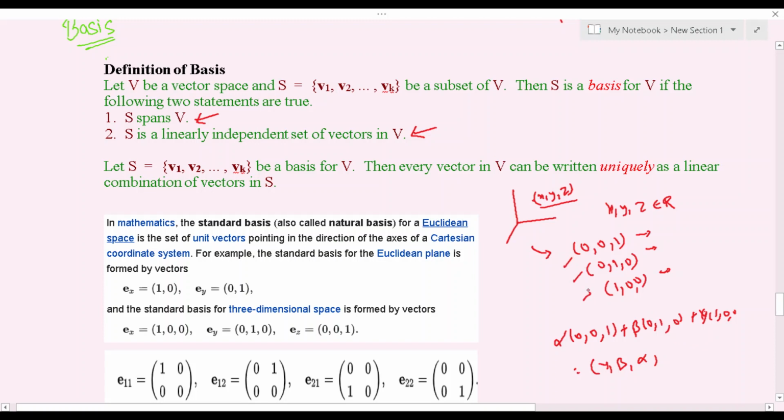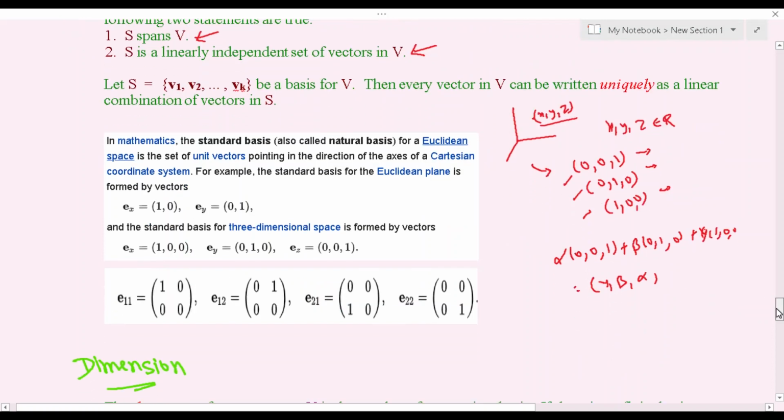So this set spans V, that is, it can represent all the points. Furthermore, these three vectors are linearly independent, as none can be represented as a linear combination of the other two.